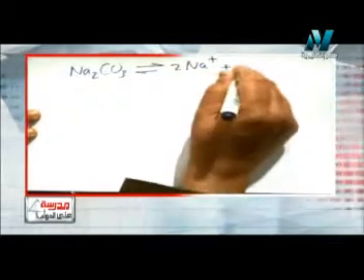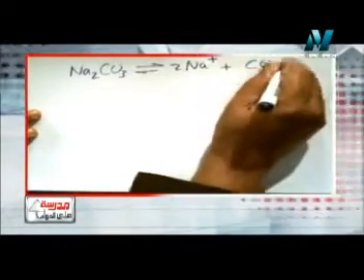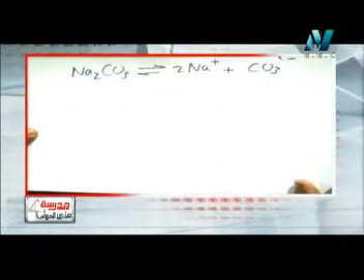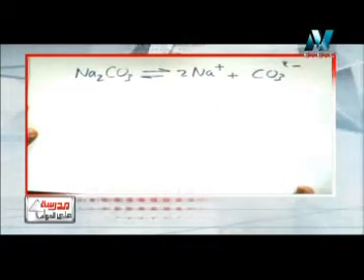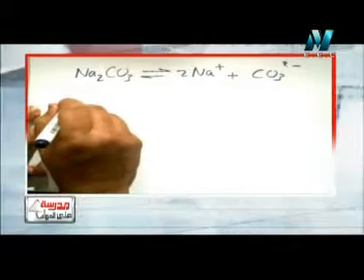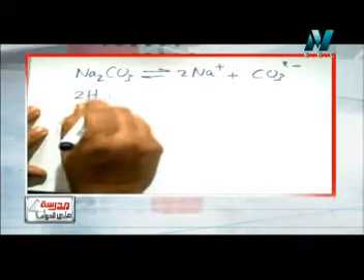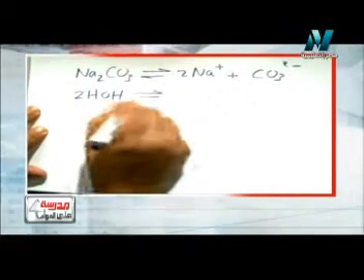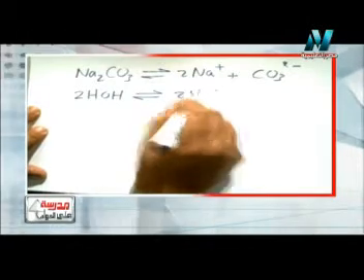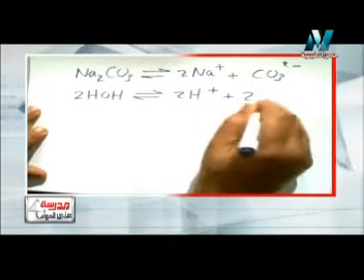Na2CO3, at first, gives 2Na positive plus CO3 negative 2. Then 2 molecules of water, 2HOH, will ionize to give 2H positive plus 2OH negative.